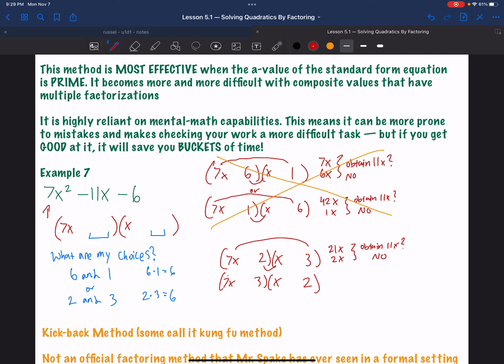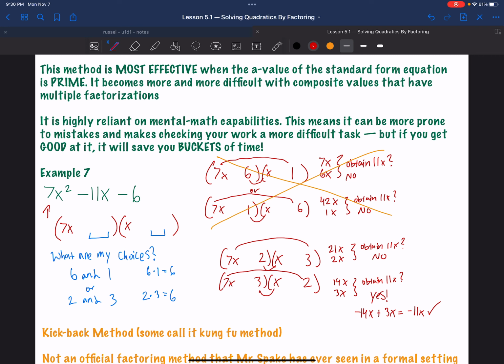Now if I do 7 times 2, that's 14x. And 3 times x is 3x. Can I obtain 11x? Yes, I can. Because negative 14x plus 3x equals negative 11x.